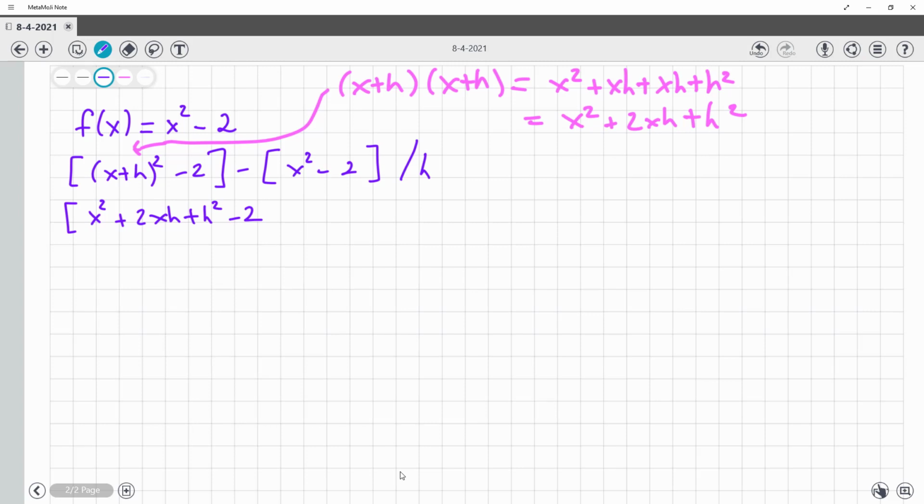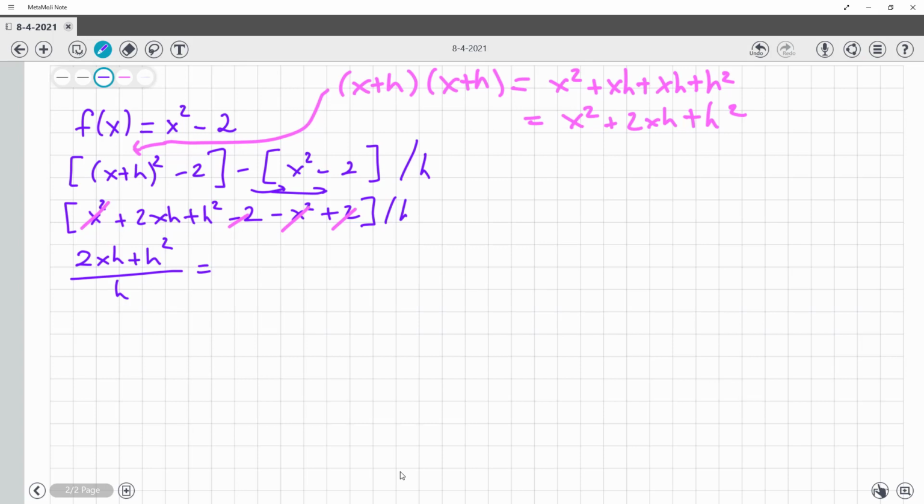I'm going to go ahead and distribute now my negative. So that'll be minus x squared plus 2. And you remember what I told you. If it does not have an h, trust me, it will cancel. If it does not cancel, then you just need to check your math. Check your algebra. All right, so I have 2xh plus h squared all over h.